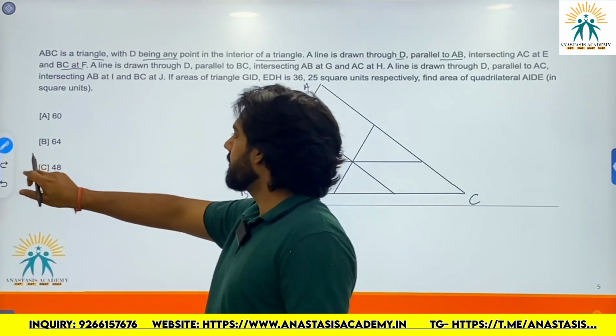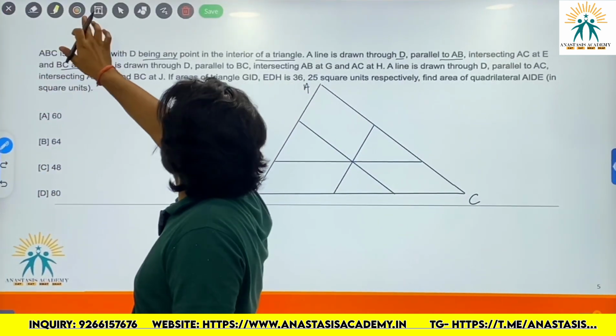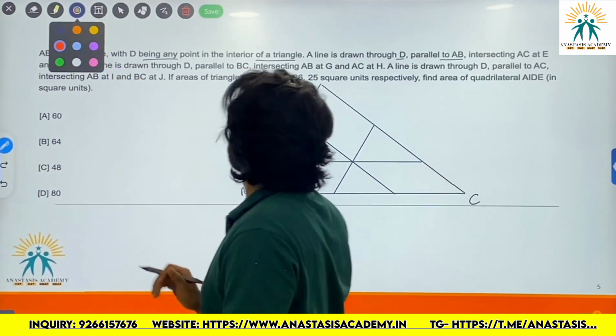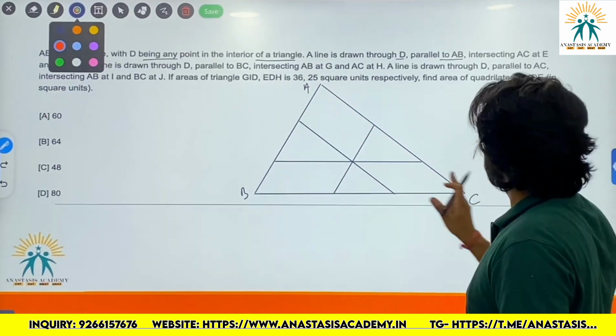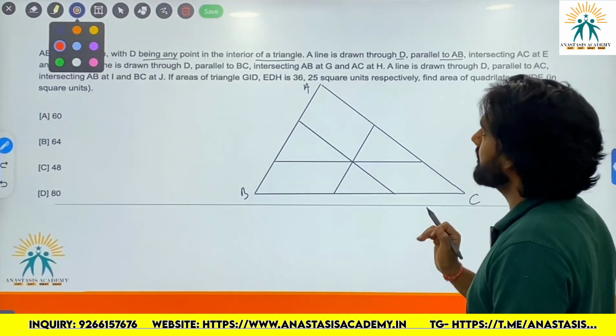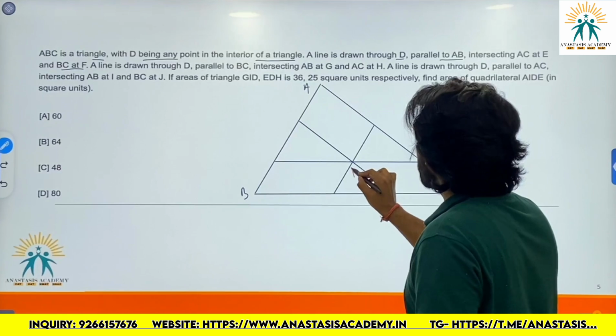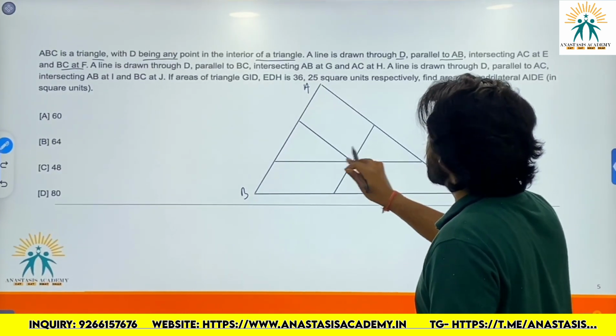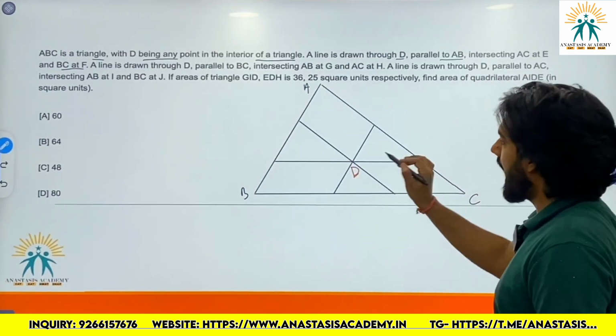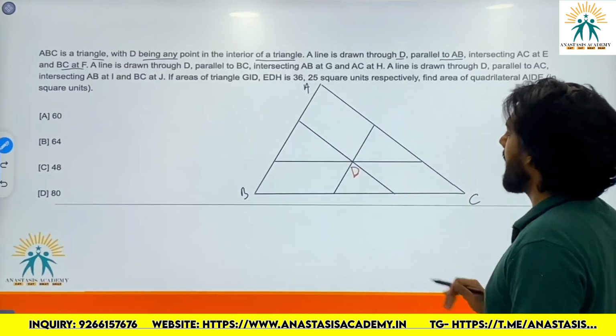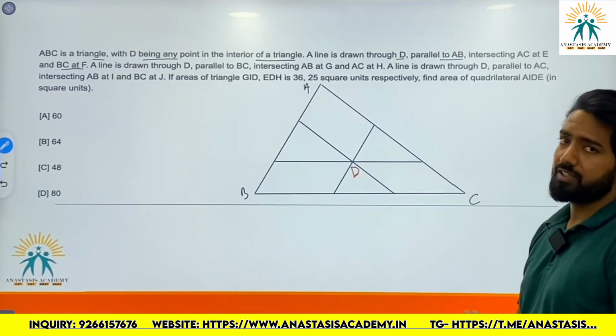Let's just mark the points. A, B, C are the vertices of this triangle. Point D is in the interior of triangle ABC, and three lines are drawn parallel to the original sides of this triangle.